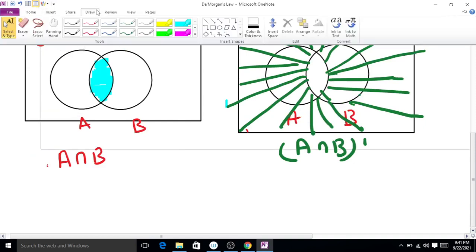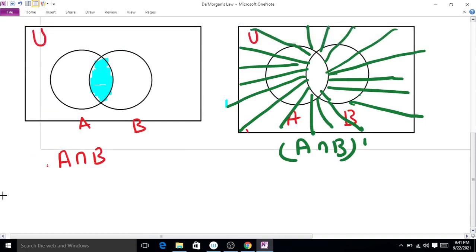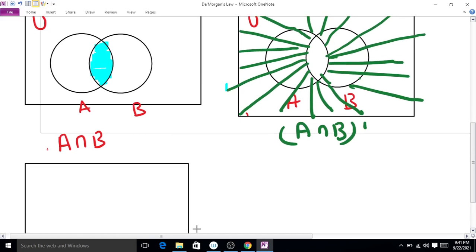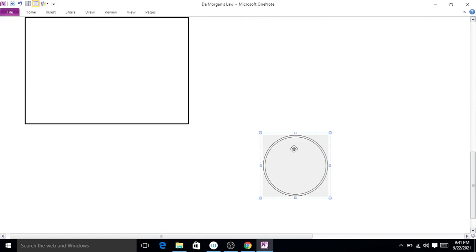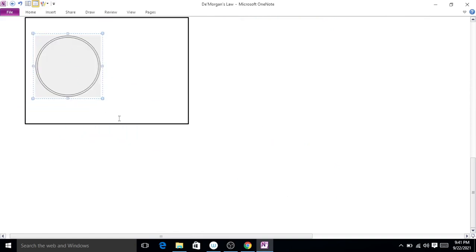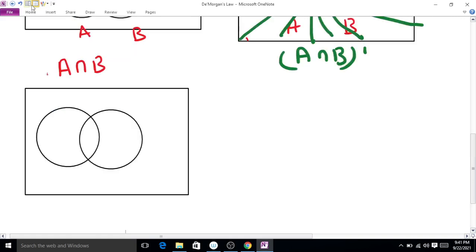Again, consider this is set A, set B, this is universal set U. Now on the RHS we want to determine A complement union B complement.